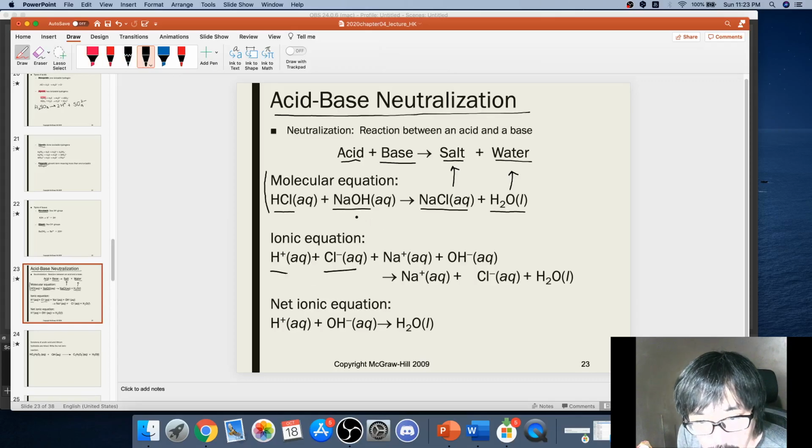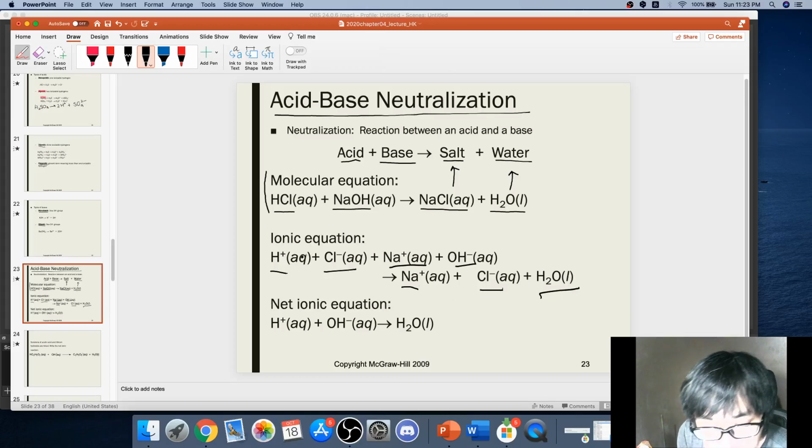And then the NaOH, the same thing, it's a strong base, so it's going to separate into Na plus and OH minus, right? And NaCl, by the way, is a completely soluble solid, so it becomes Na plus and Cl minus. I'm going to talk about this solubility stuff after the acid-base stuff. And then H2O, that's just a liquid.